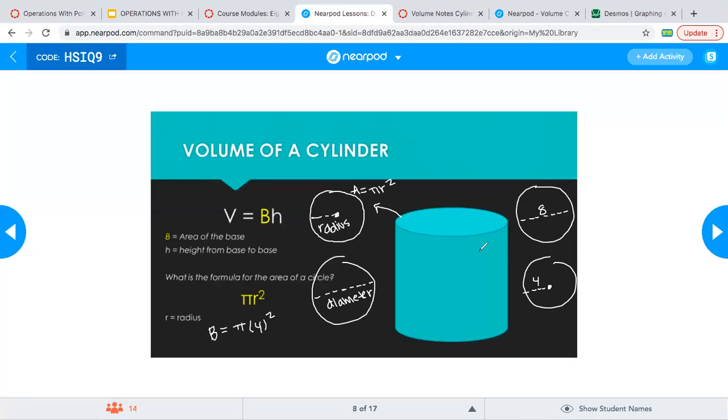Okay, so Ms. Patterson, that doesn't seem too hard. Why do people get it wrong? Because for an example like this, people would just say the capital B is 4 or 8. They would just say the diameter or the radius is capital B. But capital B is the area of the base. So we would have to use pi r squared to find what capital B is.